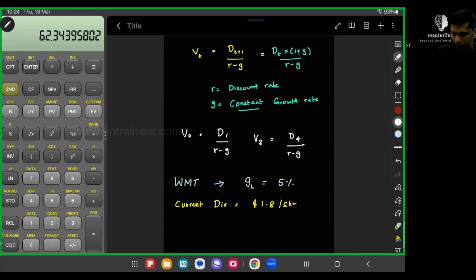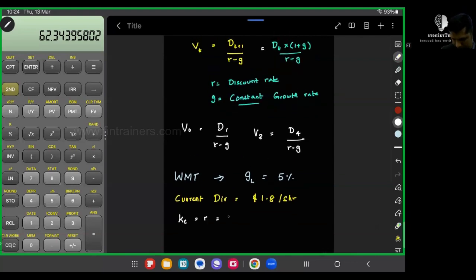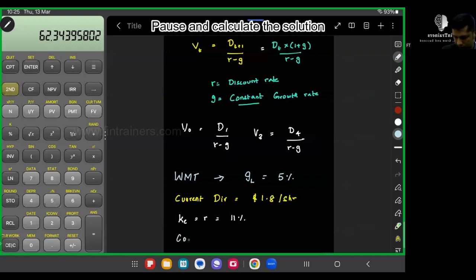The discount rate or cost of equity is 11%. Compute Walmart's share price. So how do we do this?